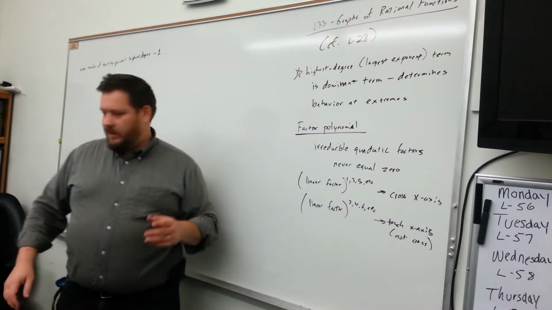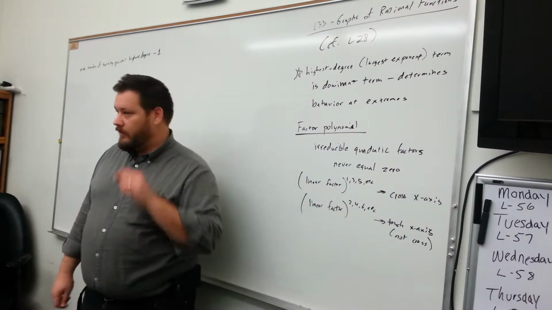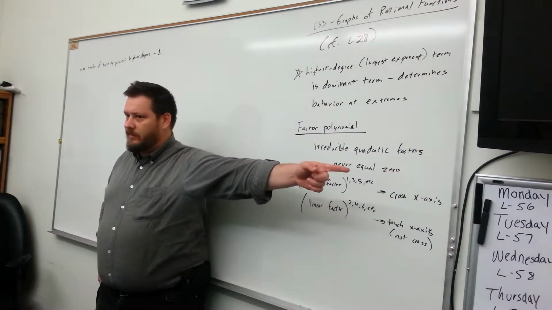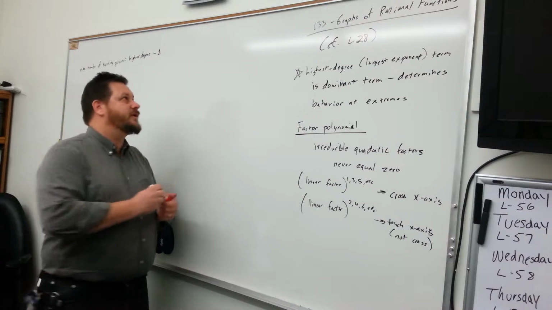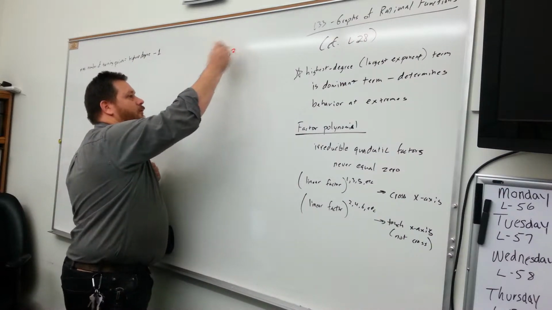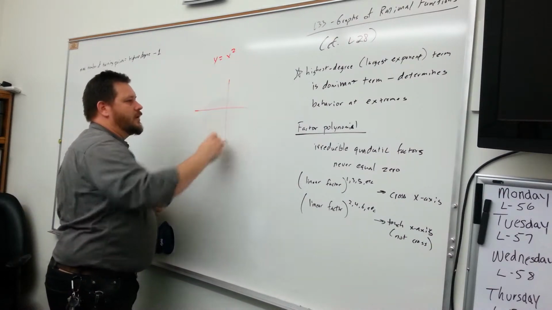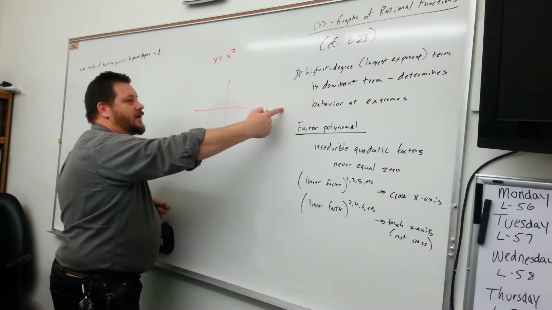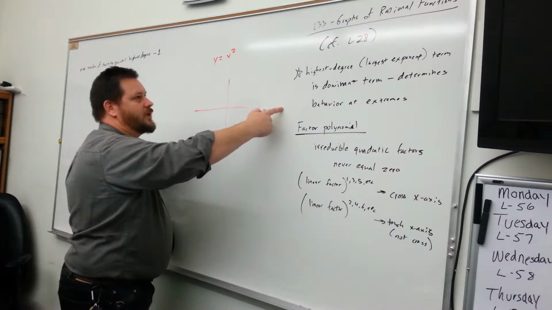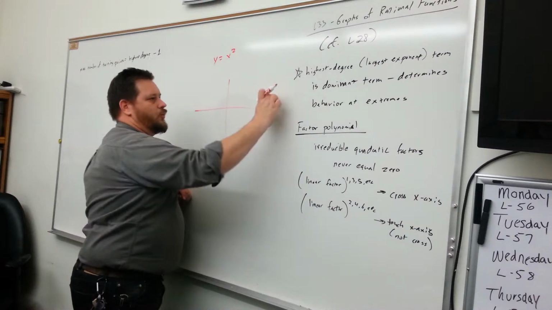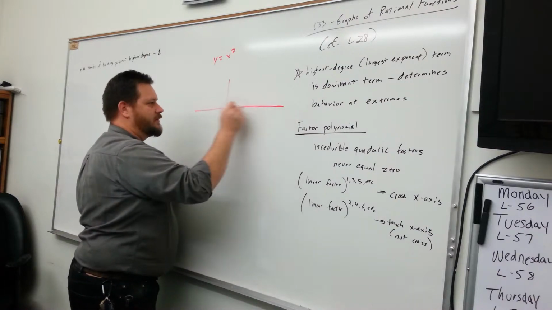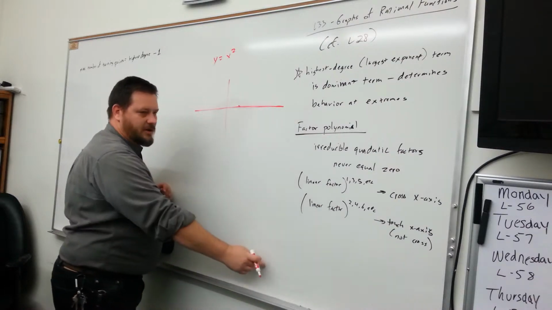For example, if we have y equals x squared, what happens for very large positive numbers of x? Actually, write this down. For y equals x squared, what happens way out to the right? Does the graph of this function go way high positive, very tiny positive, very tiny negative, or very large negative?